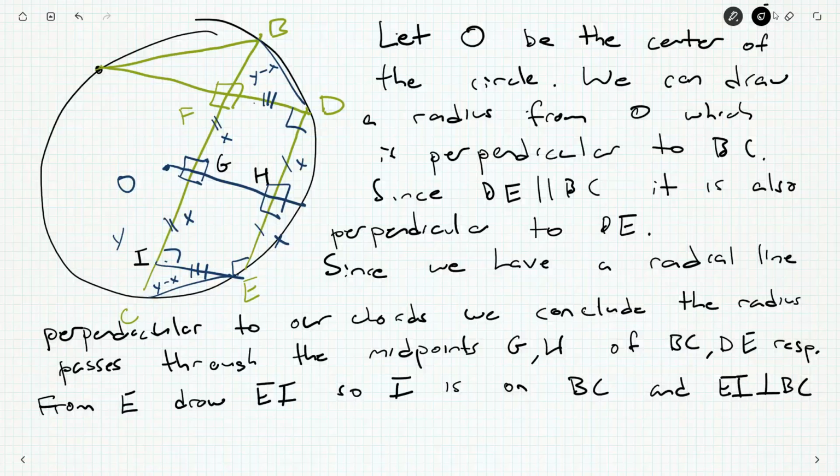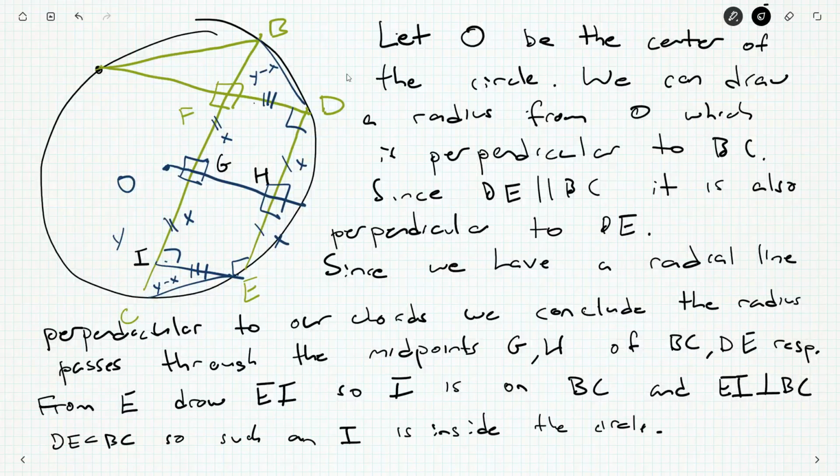Should I justify that? I'll say something like DE is less than BC, so such an I is inside the circle. I think that's fine. You might not even need that.